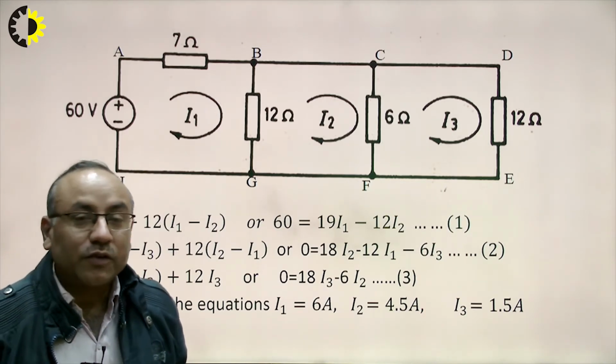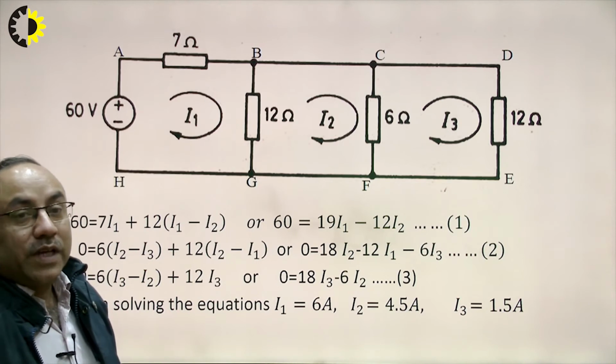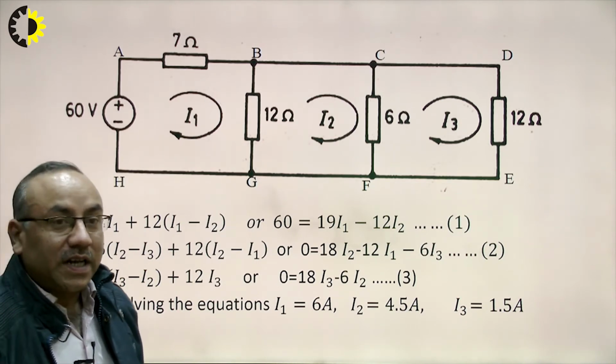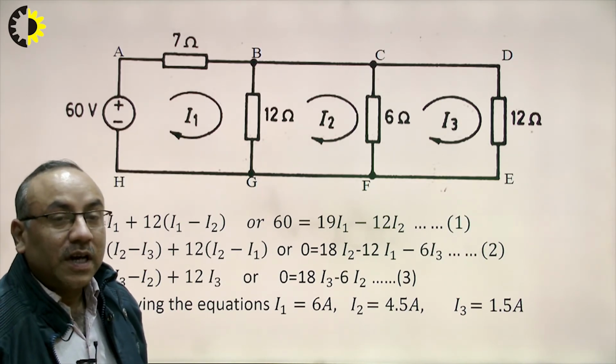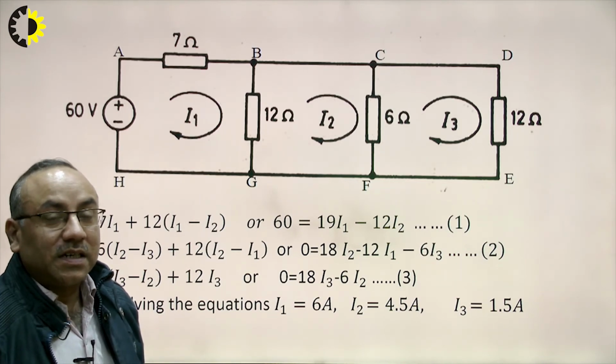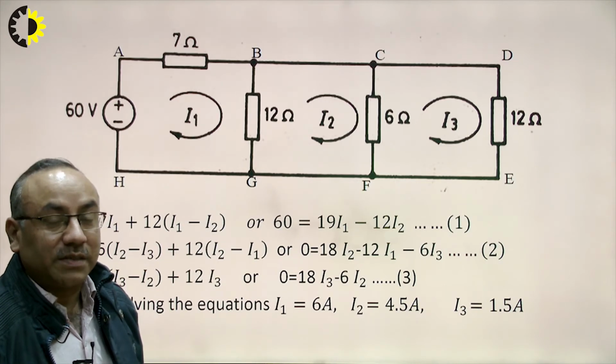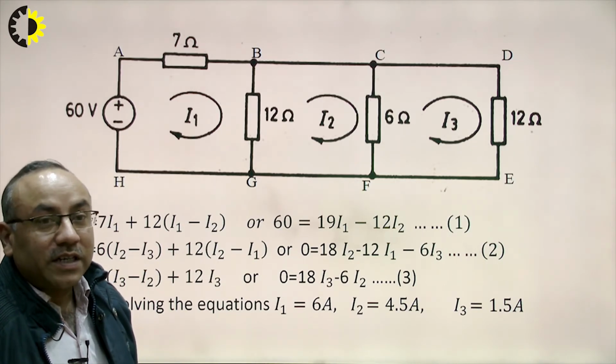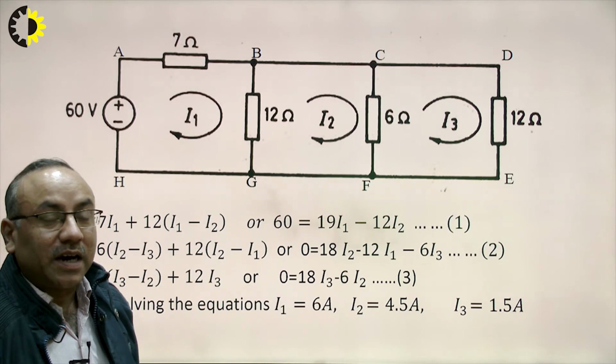Now, when we are to solve this circuit using mesh analysis, in the first step, as we have discussed earlier also, we assume the mesh currents in the 3 meshes, that is I1, I2 and I3 in mesh number 1, 2 and 3 respectively, and the orientation of these currents can be taken arbitrarily.